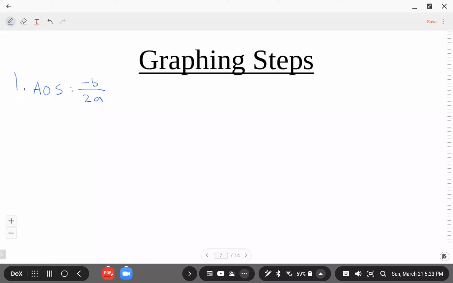It is basically the x value of our vertex. Let me just draw a graph over here, and the AOS can be over here. It's basically the x value of our vertex, because our vertex is going to be somewhere on this AOS. So our first step is to find our AOS, and in this case, we use x squared minus 6x plus 4.